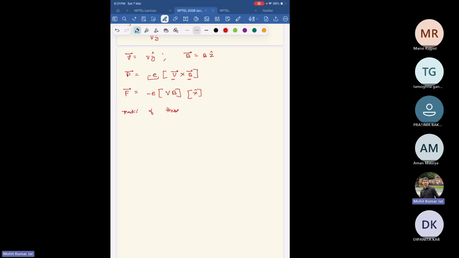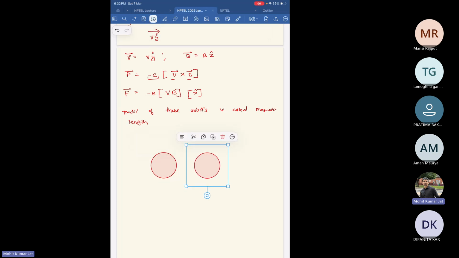The radii of these orbits is called magnetic length. And why is this important? Let's say one electron is revolving here, another electron is revolving here, a third electron is revolving here.